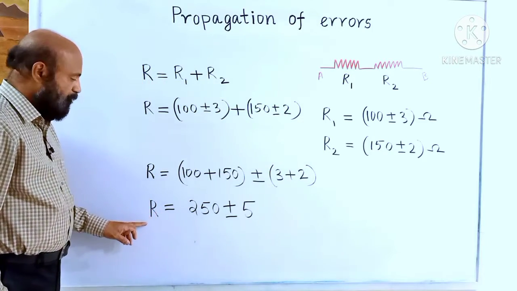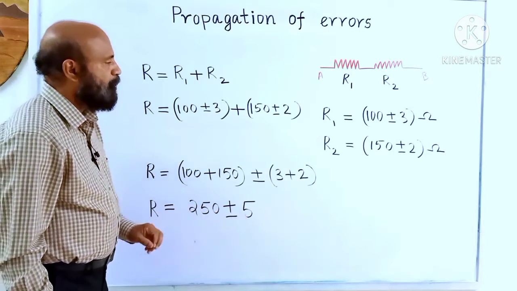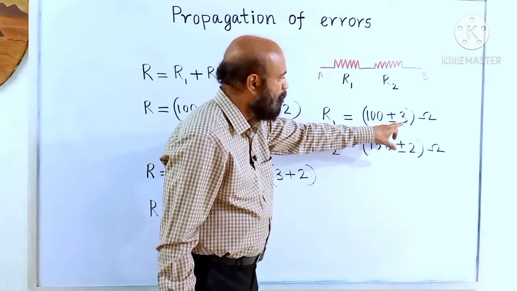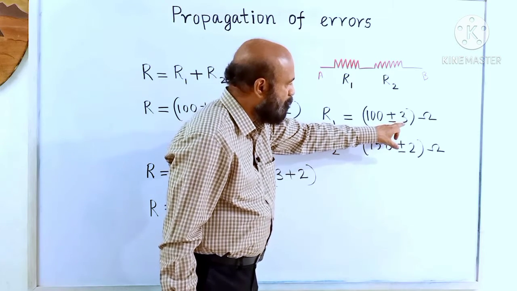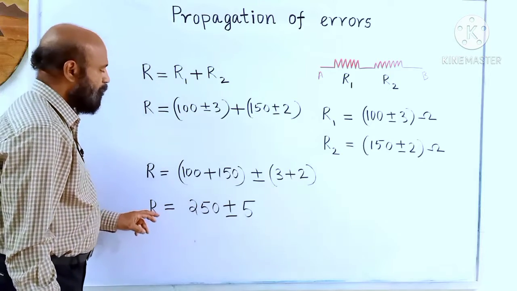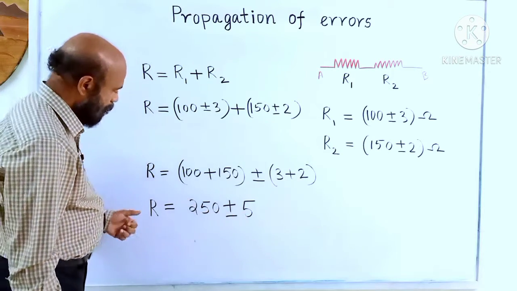So equivalent resistance is 250 plus or minus 5. You can see in individual measurements there are errors of 3 and 2, but in the final answer there is an error of 5.